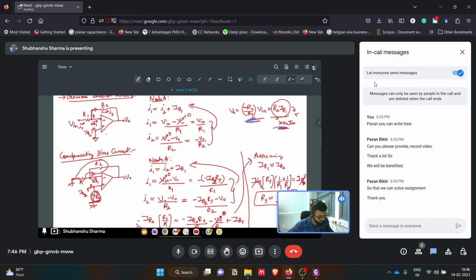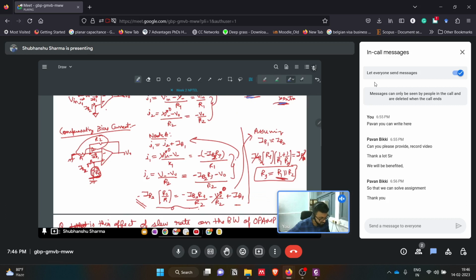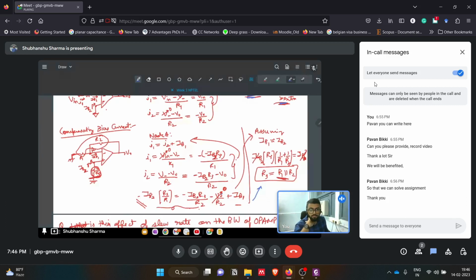So for that we used a resistor here in the non-inverting side of the op amp. By using that, after the final calculation, for the output voltage to be zero, we came to realize that R3 should be R1 parallel to R2.